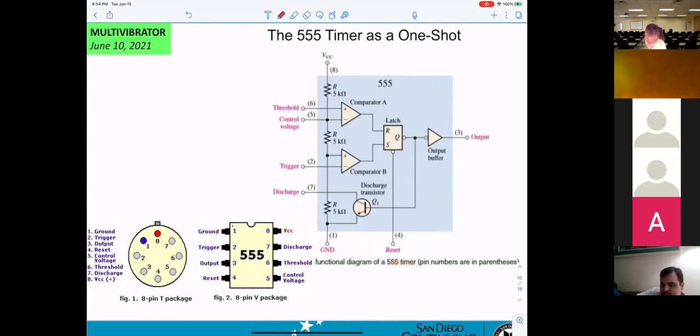Okay, if you get a VCC here, say you get 15 volts.